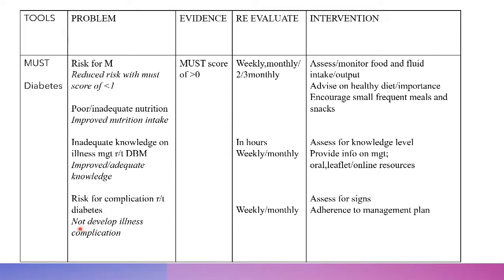Your goal could be that Mr. X will not develop illness complication. Now, you can re-evaluate weekly or monthly, and the intervention: assess for signs like numbness of extremities and sight problems, and then encourage adherence to the management plan. So these are all I have for MUST.